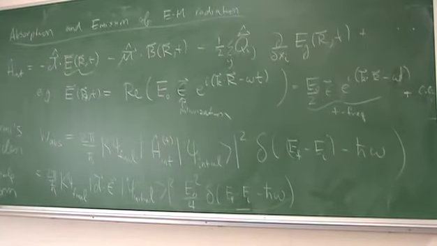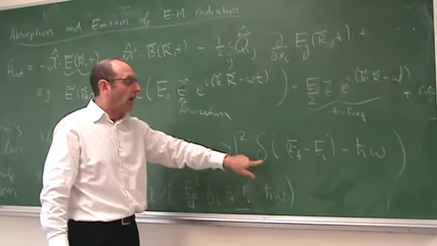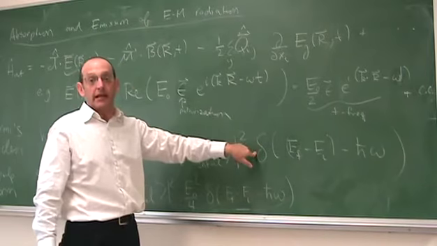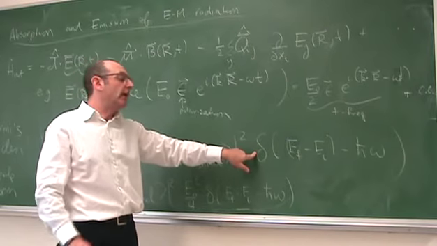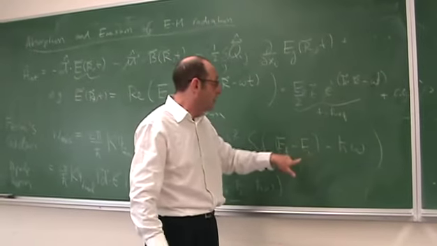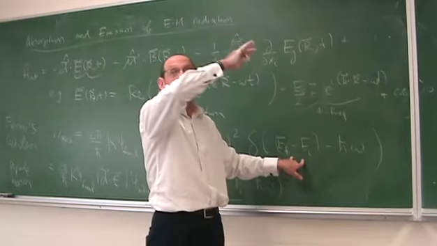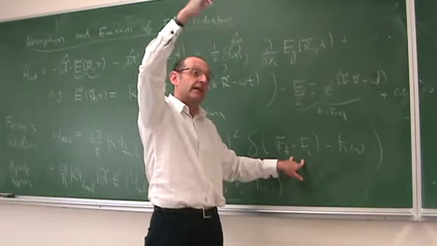Now, as a little aside, this delta function only has meaning when we have some distribution of energy levels, because of a density of states. If we have some density of levels, if there are many different levels.